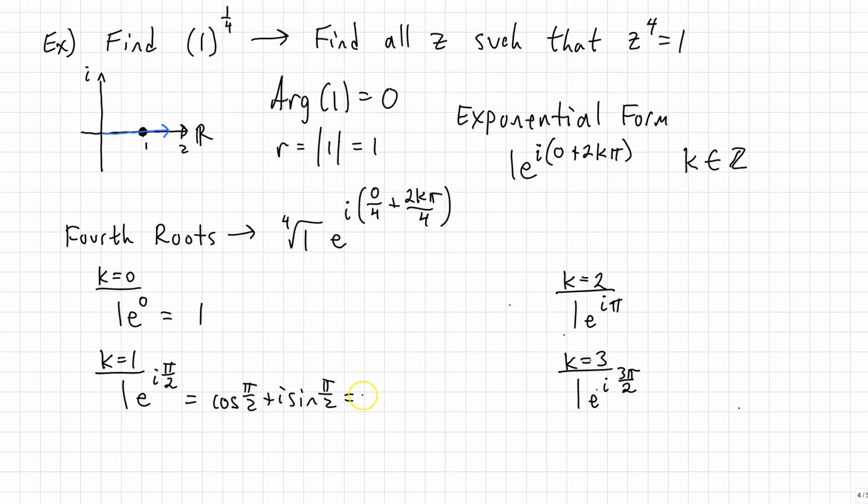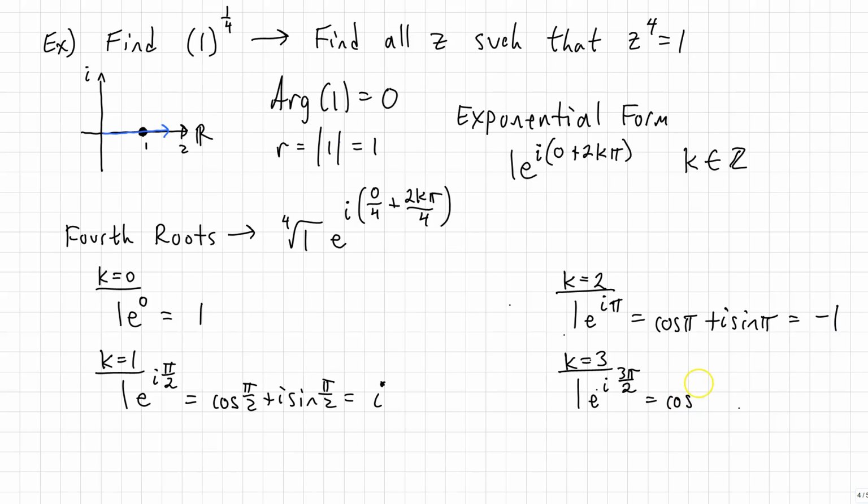And cosine of pi over 2 is 0, sine of pi over 2 is 1, so you get i. e to the i pi is negative 1, but if you don't remember, you can just go back through polar form, and you get negative 1.